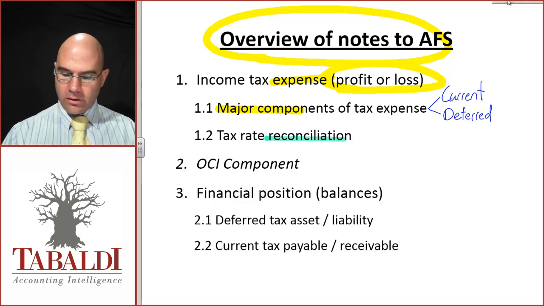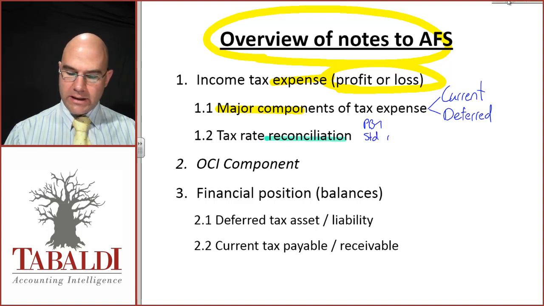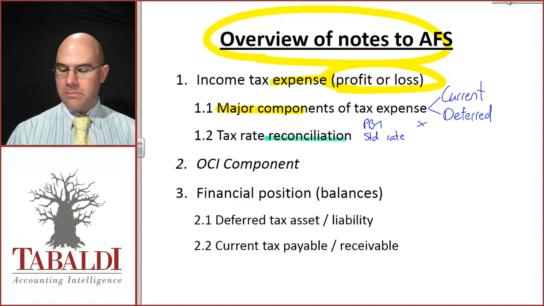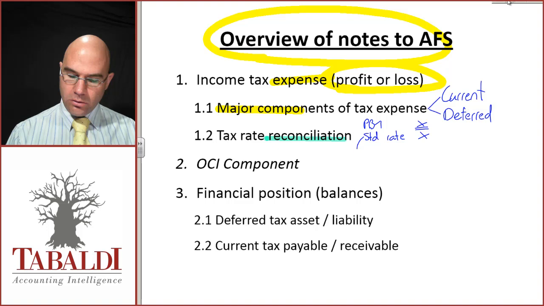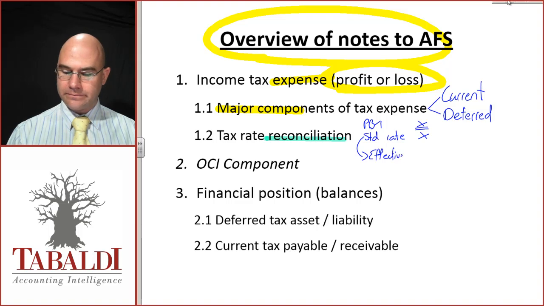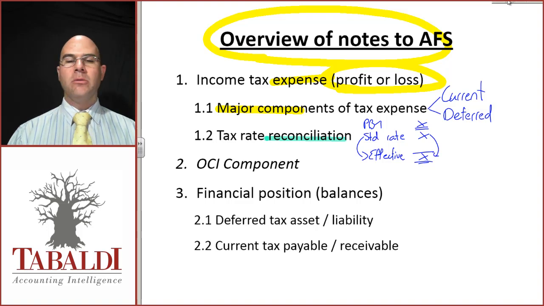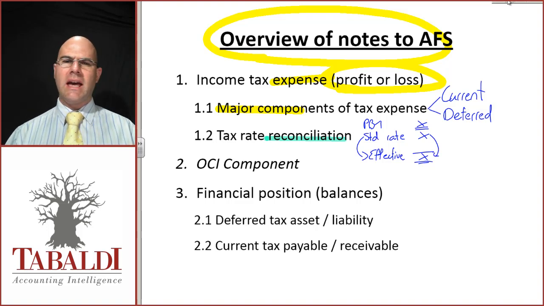So here you're going to start off with your profit before tax, work out your standard rate on that PBT, let's call that 28%, and you need to work down and reconcile what the effective rate is actually at. Okay, and you'll see just now we'll do that, and there will be a whole bunch of permanent differences, capital gains, foreign income, etc., that will mess up your normal standard tax rate.